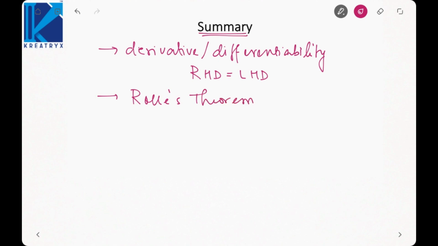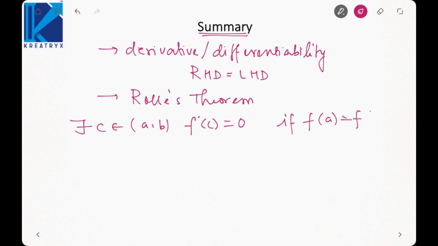In Rolle's theorem I told you there exists a c belonging to (a,b) such that f dash c is 0 if f(a) equals f(b), where f is a function continuous in the closed interval a to b and differentiable in the open interval a to b.